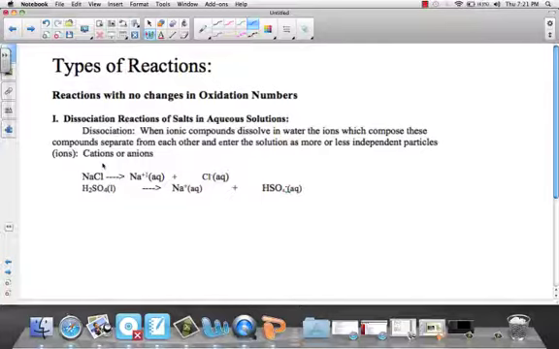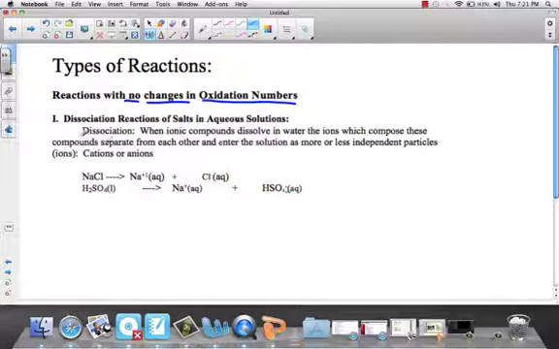All right, let's talk about some types of reactions. Reactions with no changes in oxidation numbers. Well, if there's no change in an oxidation number, then you know that it is a non-redox reaction.